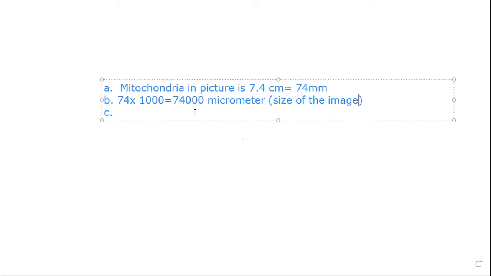Now to calculate the real size of the mitochondrion, real size in micrometer is 74,000 divided by the magnification, 20,000.